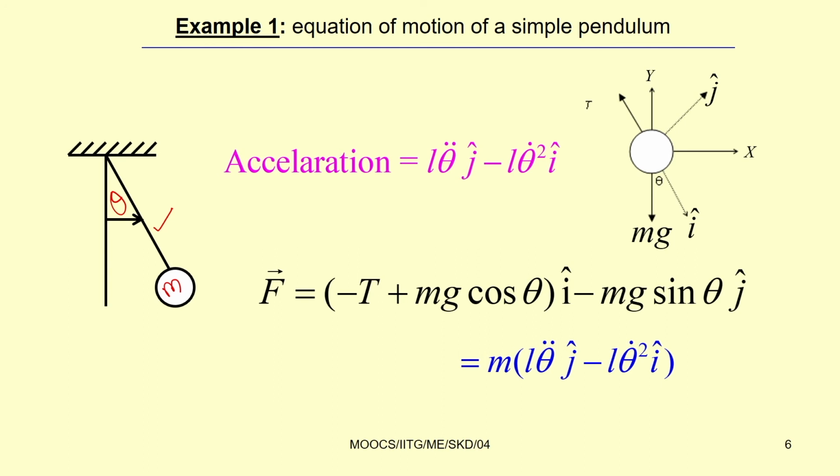Both ways we can solve this problem. Let this angle be theta and the length of the pendulum be L. It will have a velocity L theta dot. Let us take the unit vector along this direction as i, and perpendicular to that as j.